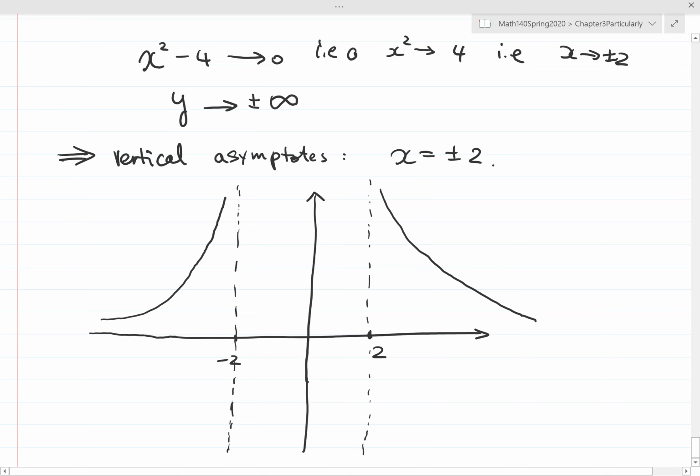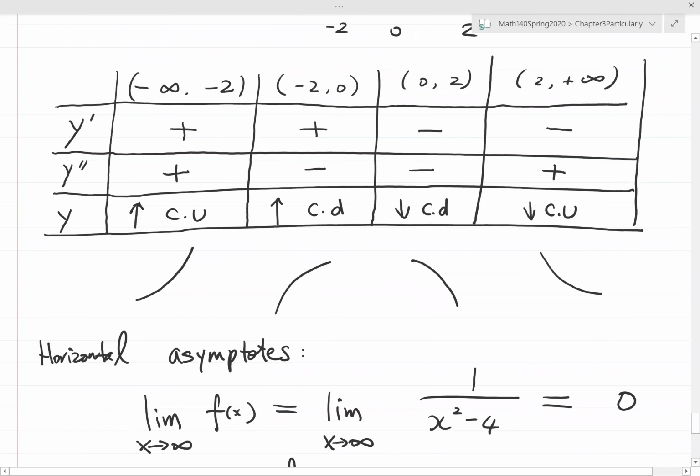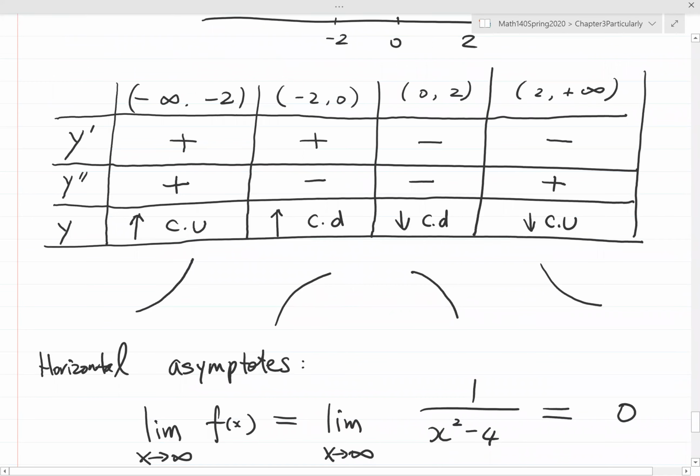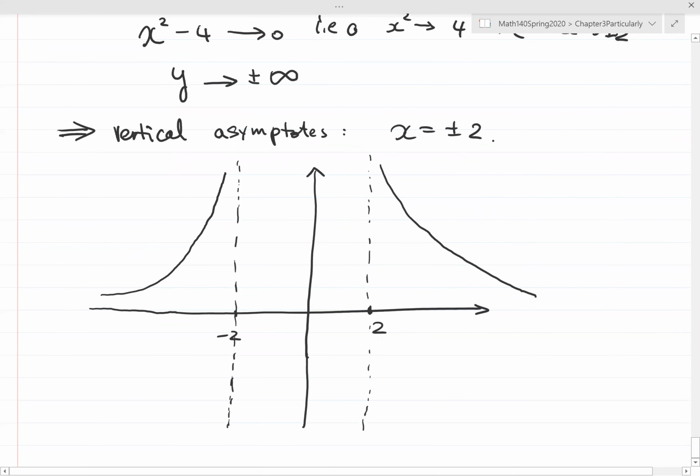Now from negative 2 to 0, it's increasing and concave down. When x is 0, the y-intercept is 1 over 0 squared minus 4, which is negative a quarter.